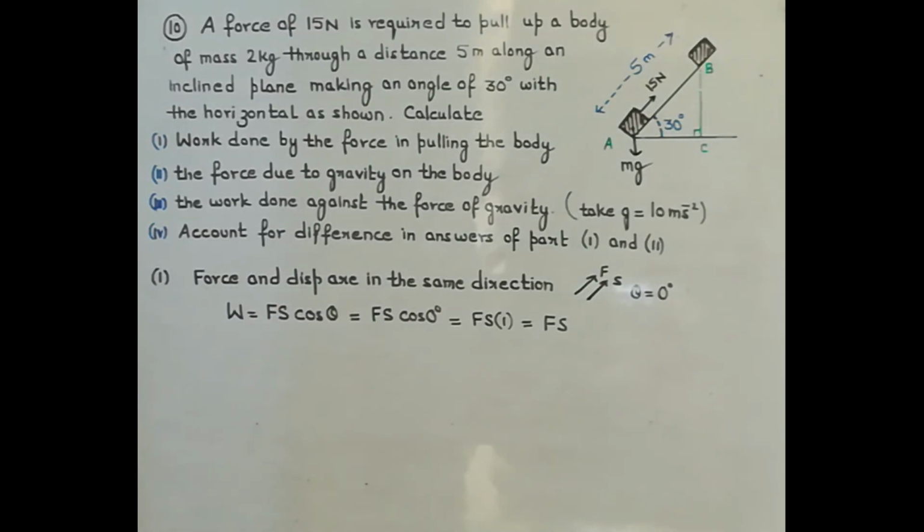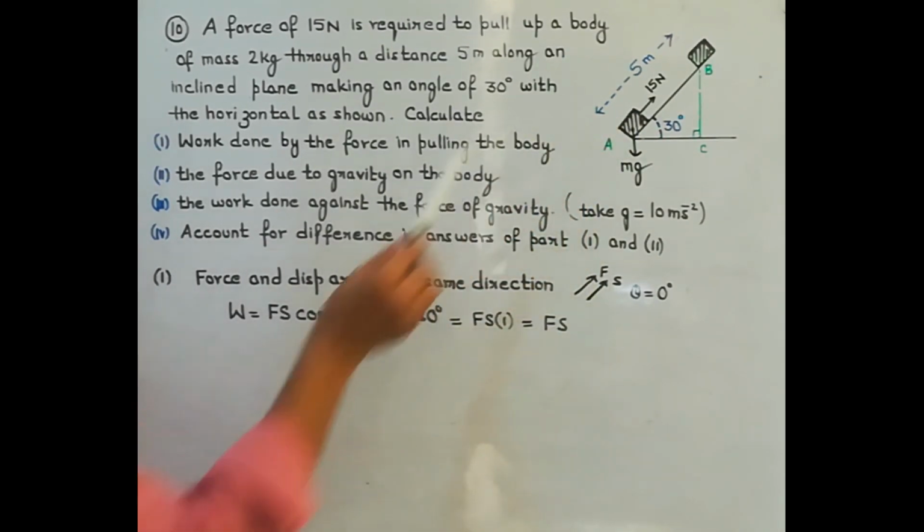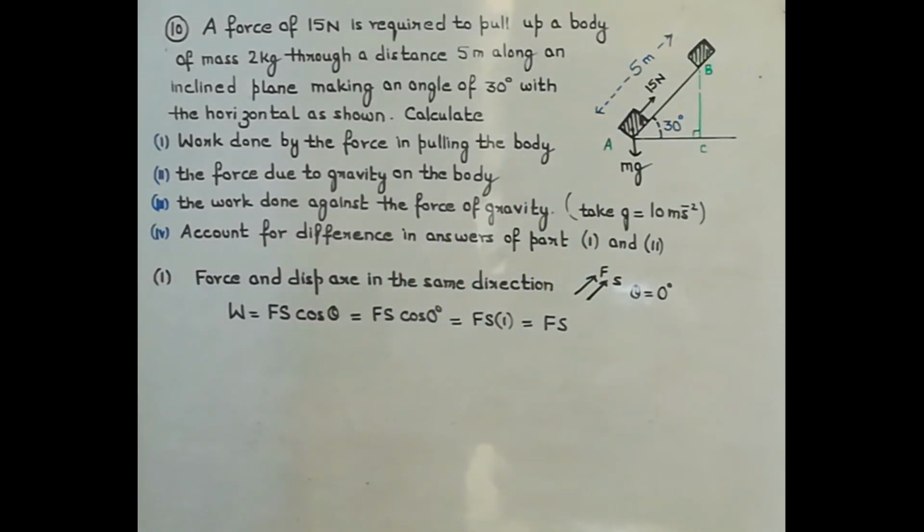So this is the formula that you will be using for work done in this case. You can see in the diagram, force and displacement are both in the same direction, so theta will be 0 degree, and the formula we derive from here is Fs.